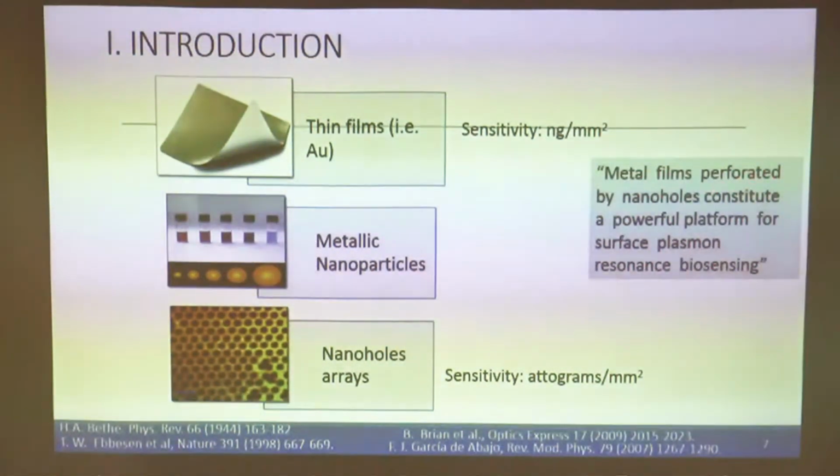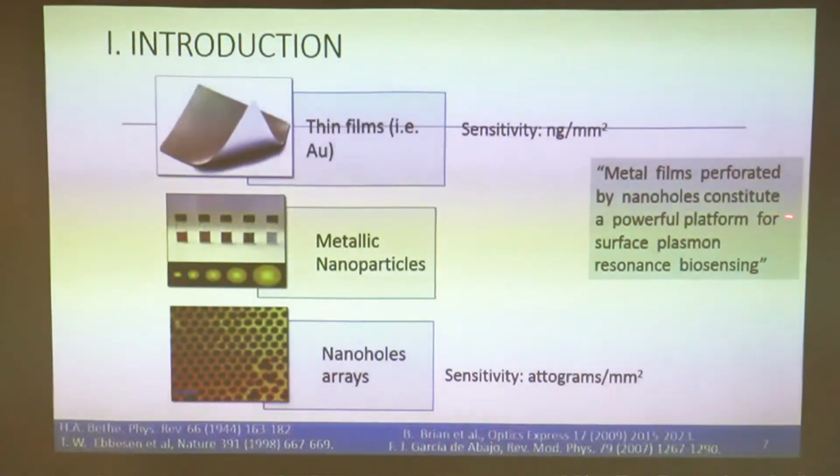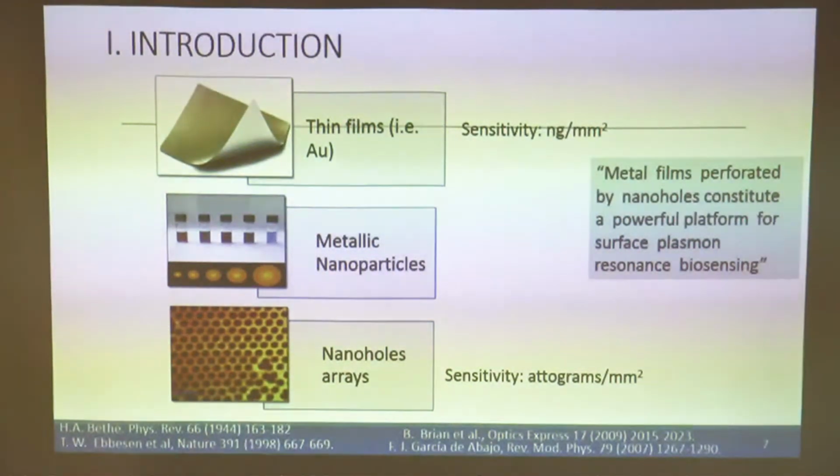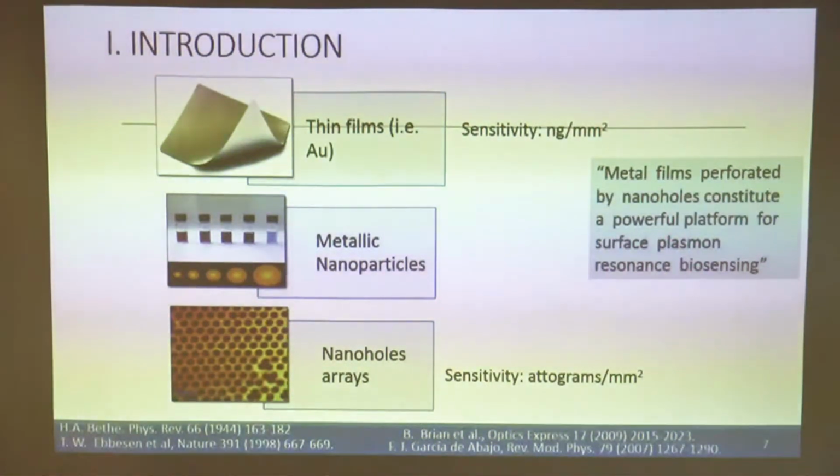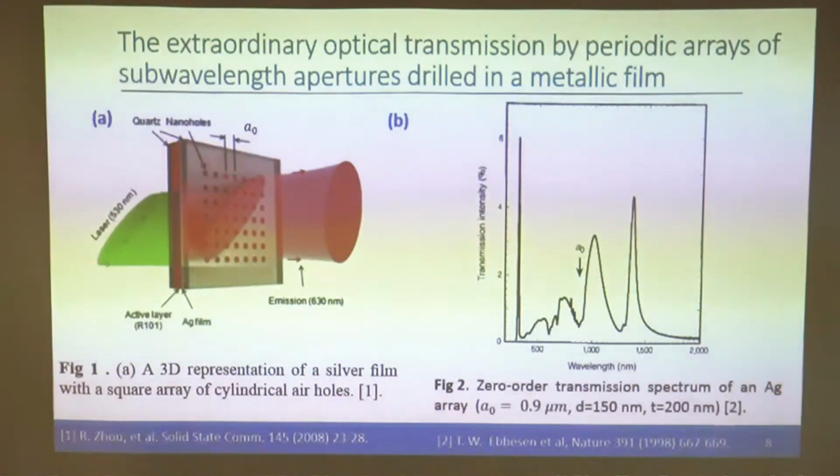Metal films perforated by nanoholes constitute a powerful platform for surface plasmon resonance biosensing. So let me explain the work.